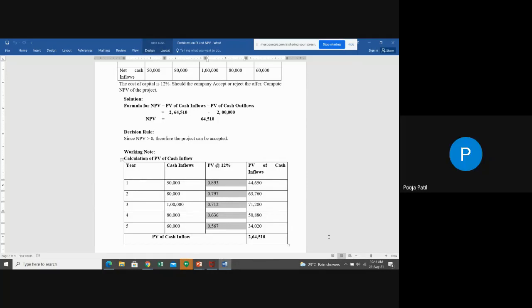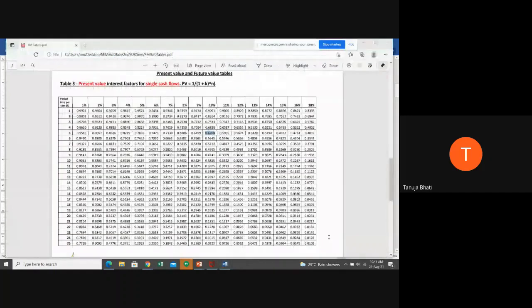3. Who said 4 now again? 3 only. Whoever said 4, can you tell me why 4? See, I have to go for table number 3 because it gives the present value of a single cash flow.